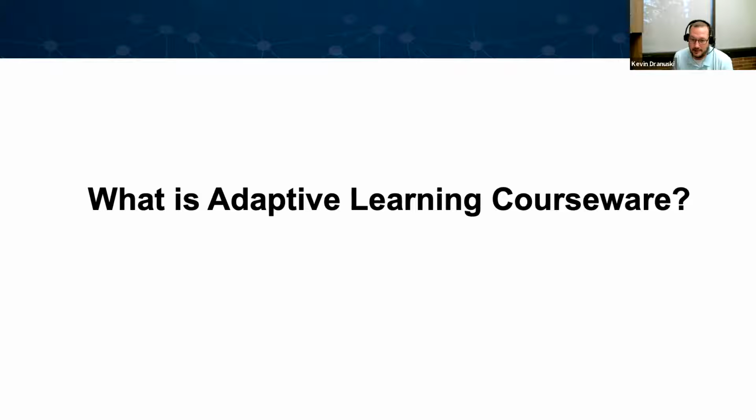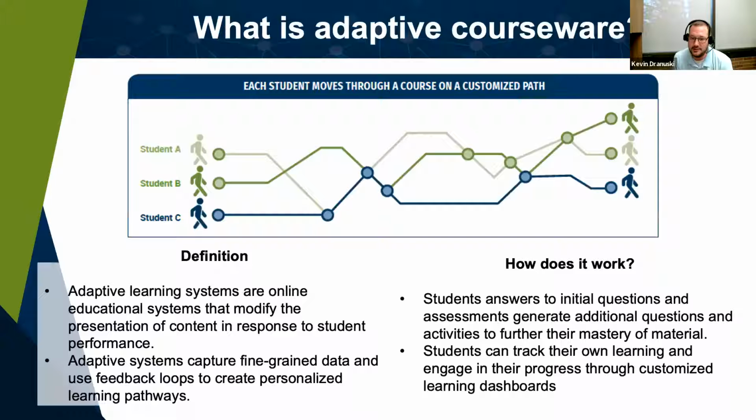So the overall urgent question here is, what is adaptive courseware? The current promise of adaptive learning systems is not just to personalize the instruction, but also to give students agency over their own learning, and faculty the space to effectively meet students where they are in regards to the course content and the curriculum.